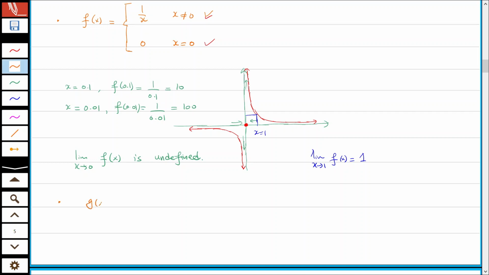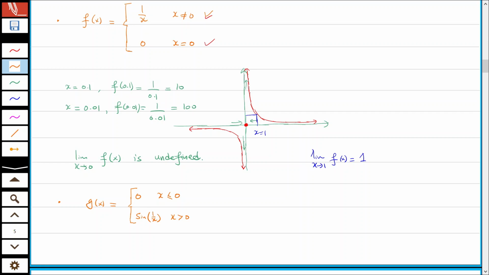Here's another example. g of x equals, let's say, 0 when x is less than or equal to 0, and sine 1 over x if x is bigger than 0. Right, let's graph it again.